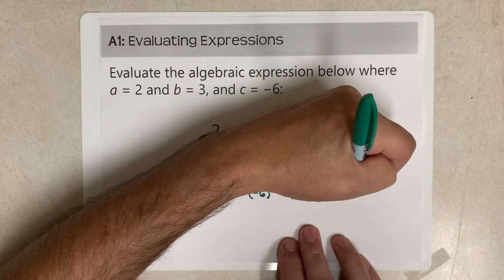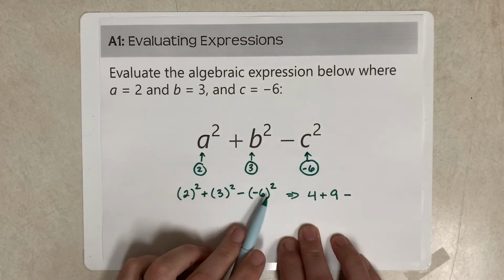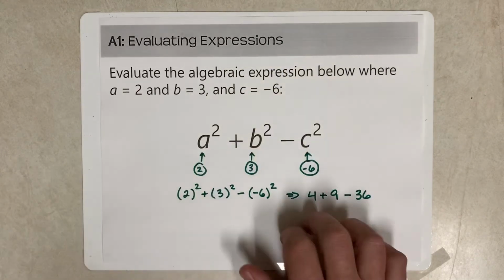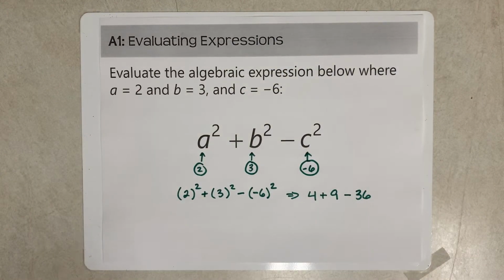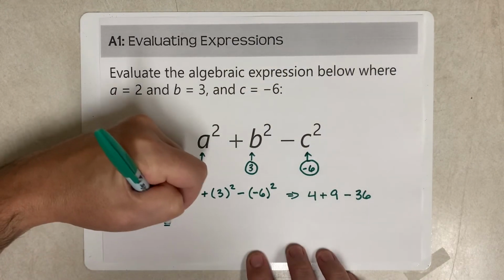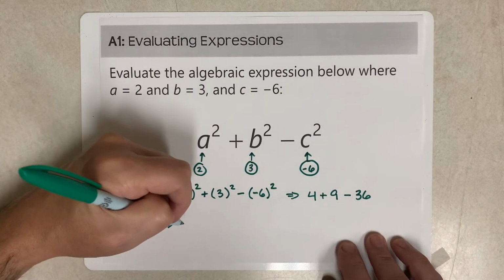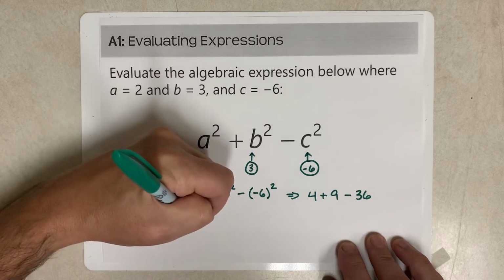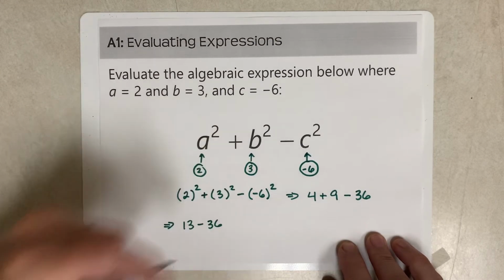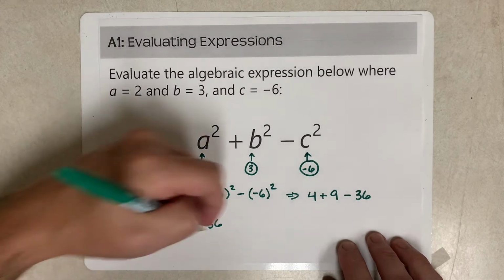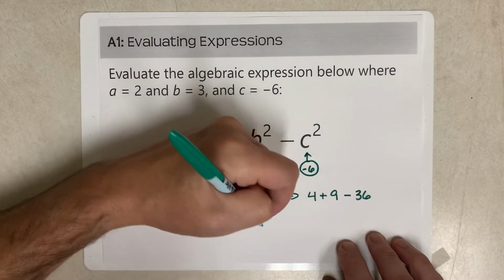So I'm going to keep the minus. -6 times another -6 is positive 36. So we have to be very careful on that. All right, left to right, we need to do this part first, the addition. And 9 plus 4 is 13. And then that's still minus 36. And so now you just have to do 13 minus 36. And you should get negative 23.